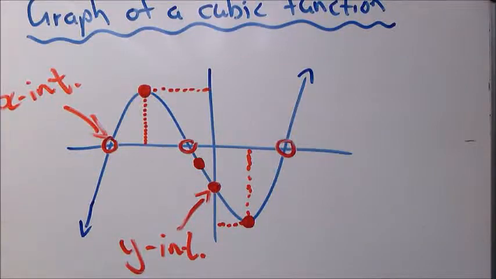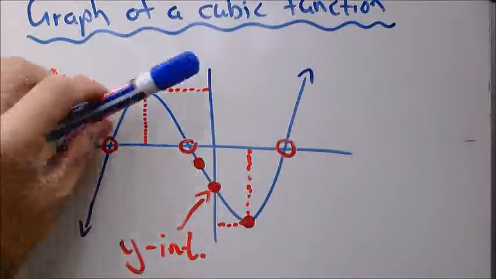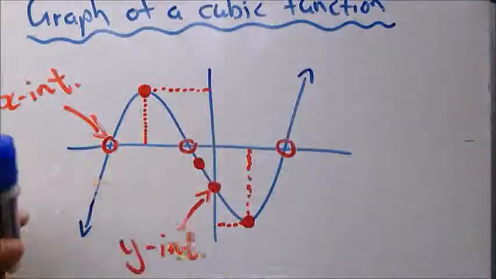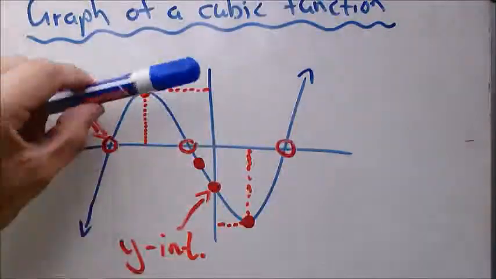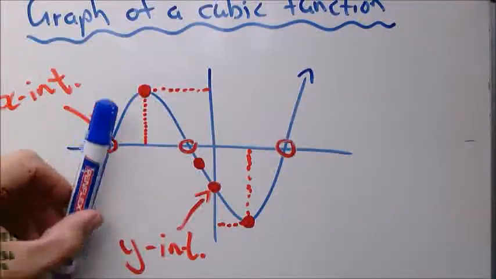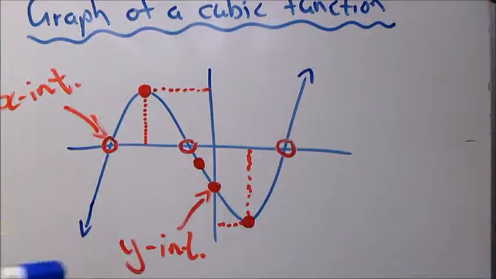So the gradient shows you how the graph changes, but how the gradient changes would be determined by something called the second derivative. Okay, so the first derivative shows you how the graph changes. Now the second derivative shows you how the first derivative, the gradient, changes. And where that is equal to 0, that will be the point of inflection.